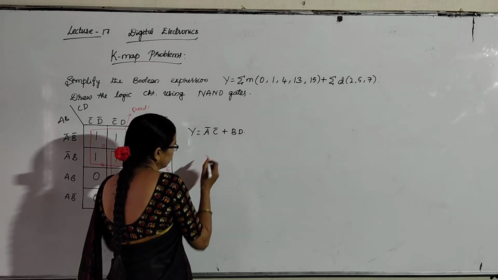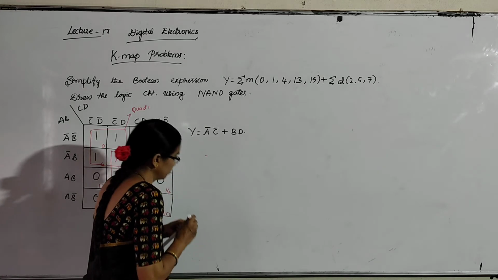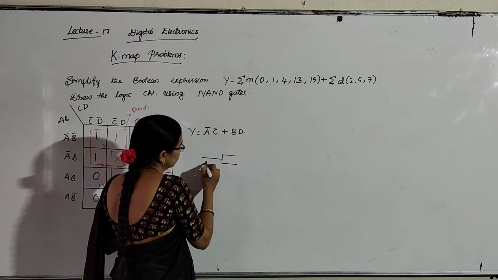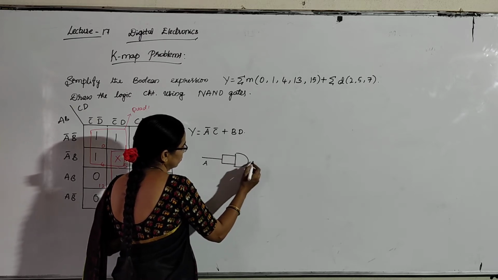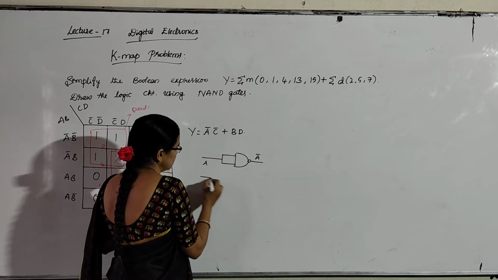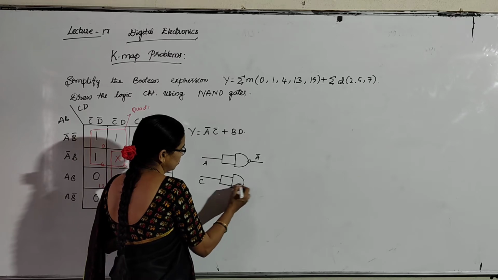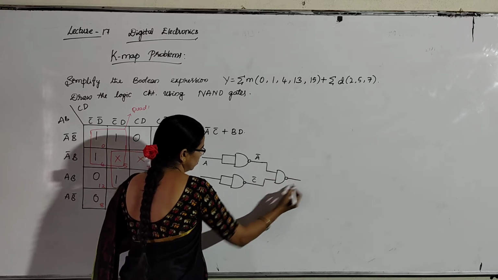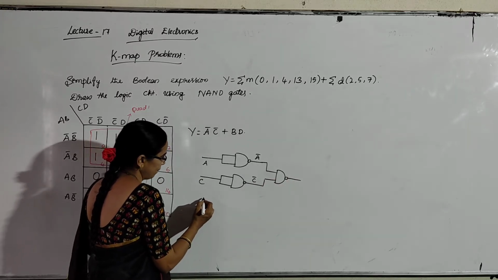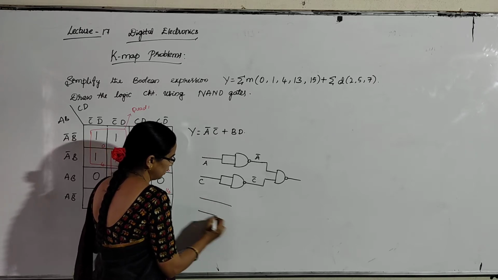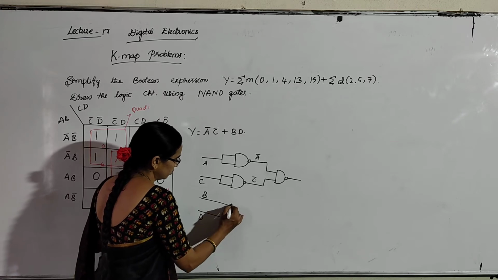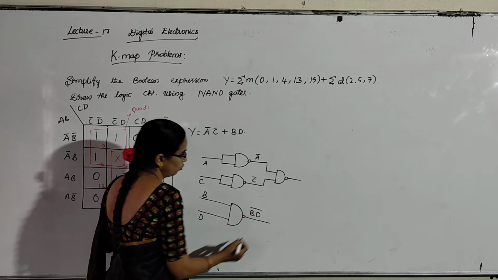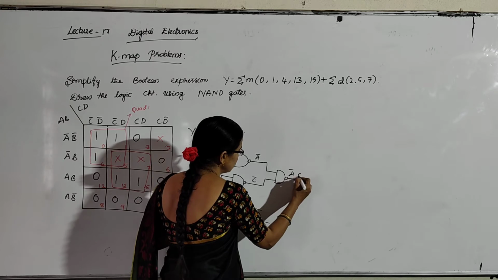Here A bar, C bar, and here B D. Directly you can take B and D, you will get B D whole bar, and here I will get A bar C bar whole bar.